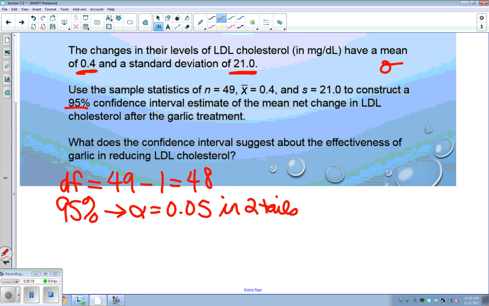Then I have to go to my column where alpha is in 2 tails of 0.05. What am I going to get for my t critical score? 2.009. So t of alpha divided by 2 is 2.009, correct?